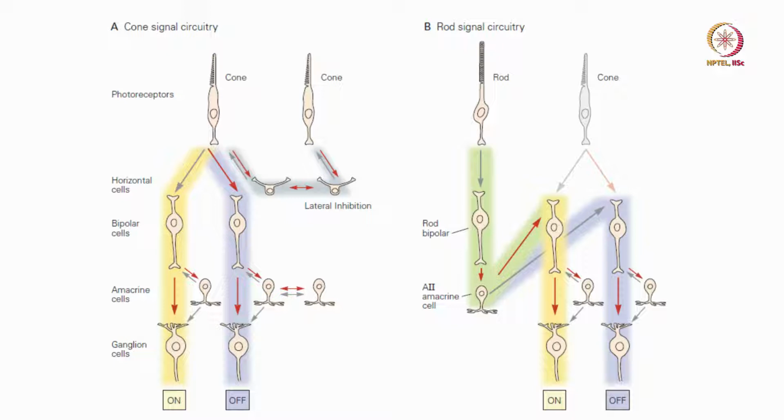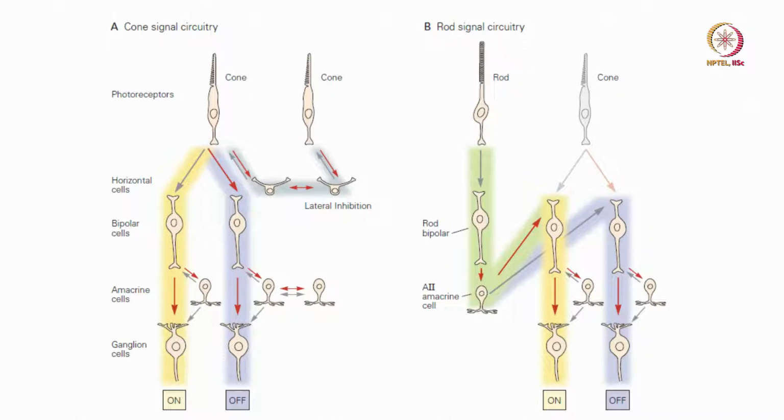So, when receptor activity is decreased, the output cell, which is the ganglion cell, has increased output activity. That is how the signal is generated on stimulation with light within the visual pathway.